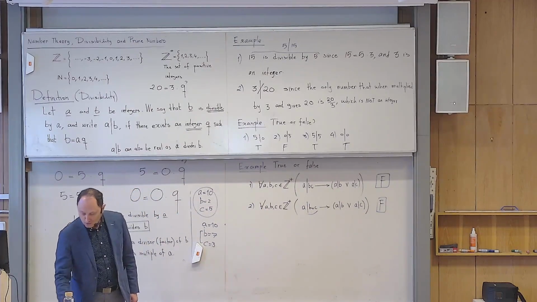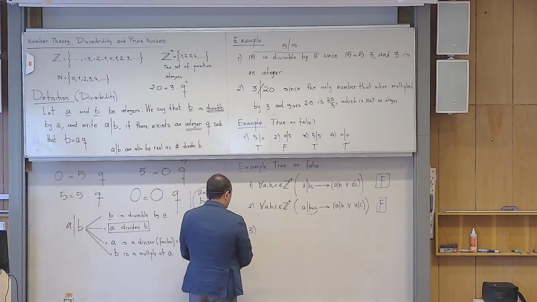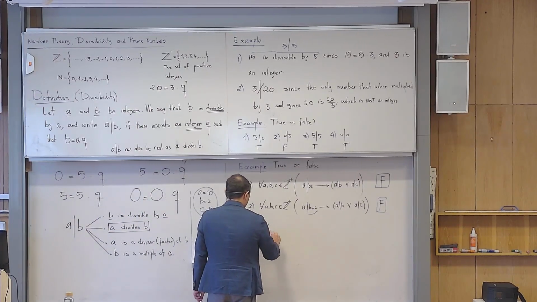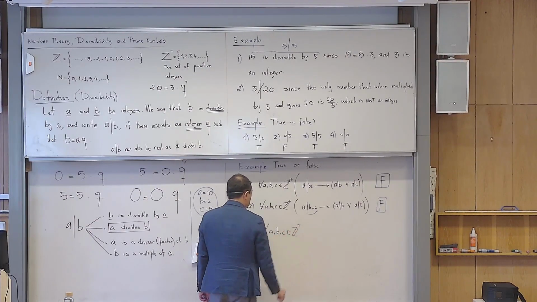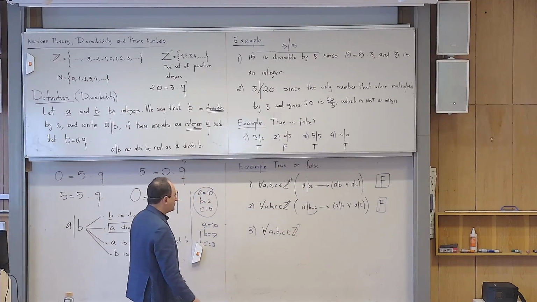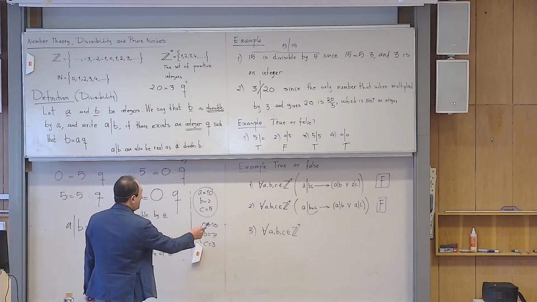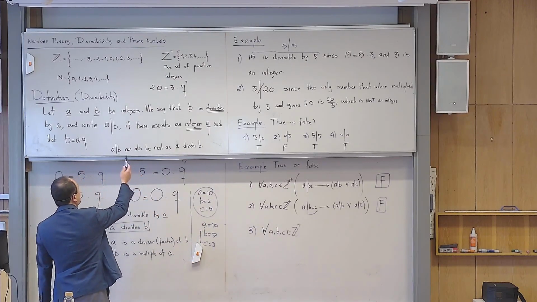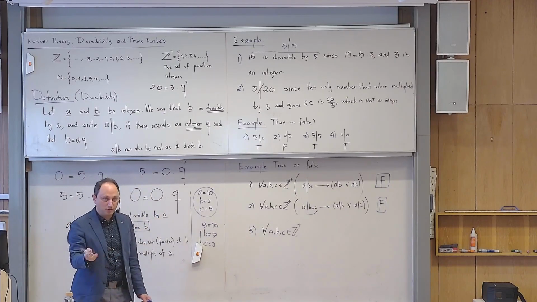Now, let me write another example here. So number 3. For all A, B, and C in the positive integers. The reason that I am talking about Z plus is that I don't want to be worried about the case that one of them is 0 and then you are facing some problem.